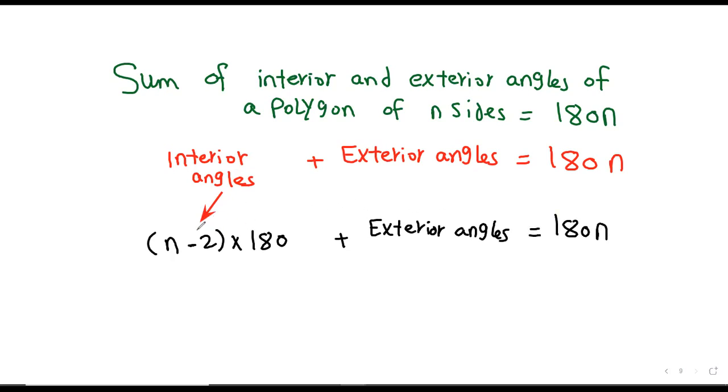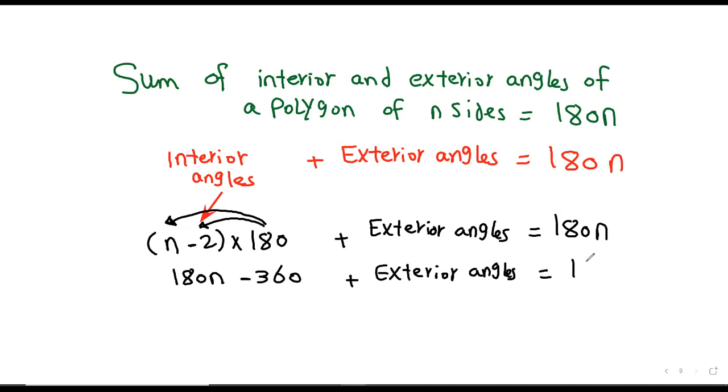Let's expand this expression, n minus 2 multiplied by 180. We multiply 180 by n, which gives 180n, and 180 multiplied by minus 2 gives negative 360, plus the exterior angles.